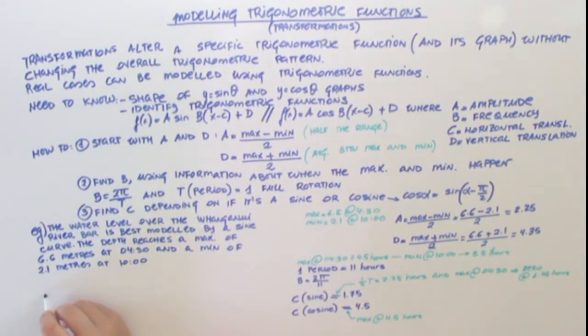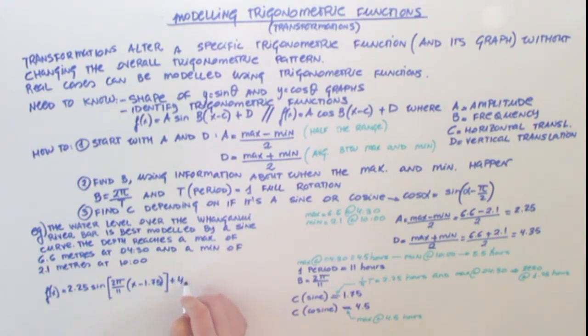Once I've got all of these values, the last step is to go to the function and substitute where they belong. So the function that models this specific case, f(x) = 2.25 sin(2 pi over 11 (x - 1.75)) + 4.35, or which is equivalent to saying that the function equals 2.25 cos(2 pi over 11 (x - 4.5)) + 4.35.